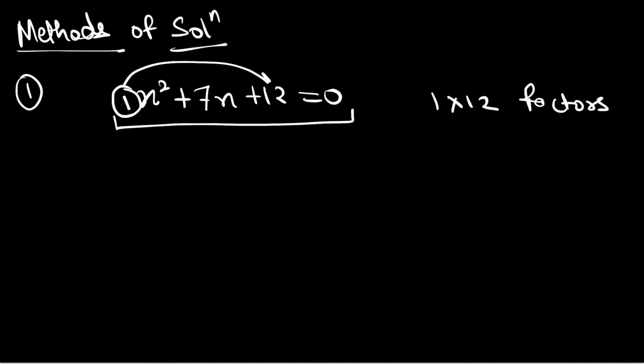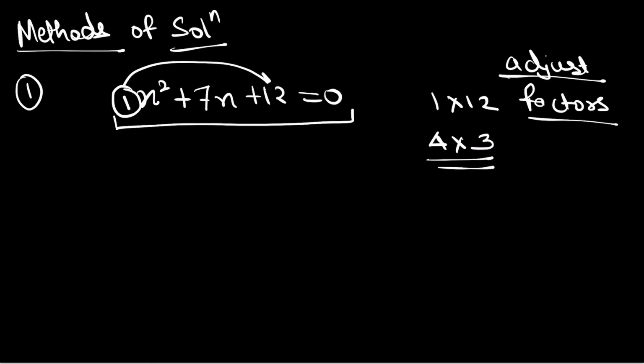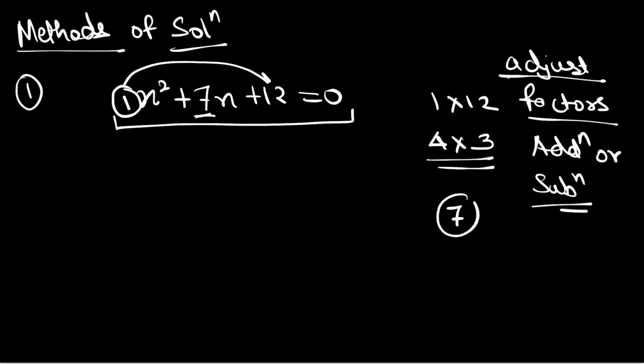This is 12, so 4 into 3. I will adjust the factors such that the addition or subtraction of these factors gives me my b term, which is 7 in this case. Now, I need to take care of the signs as well.